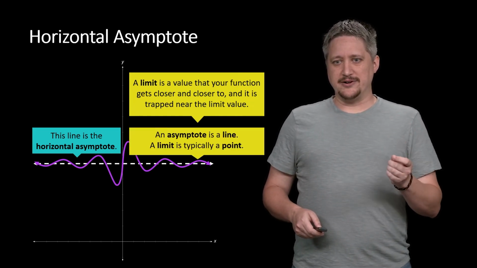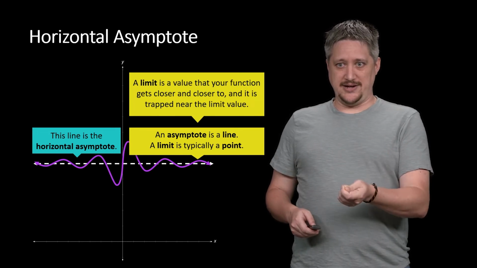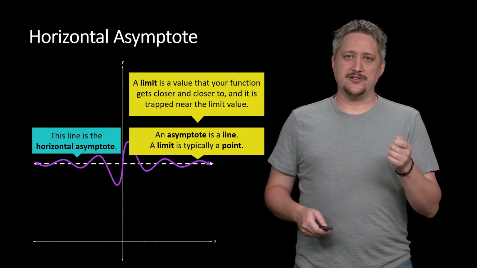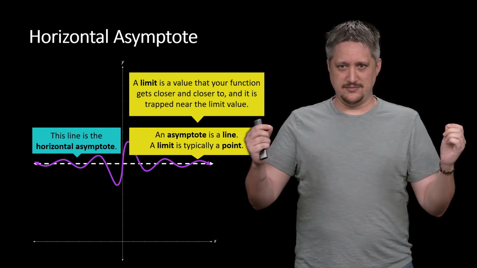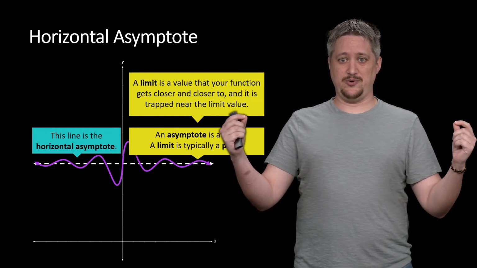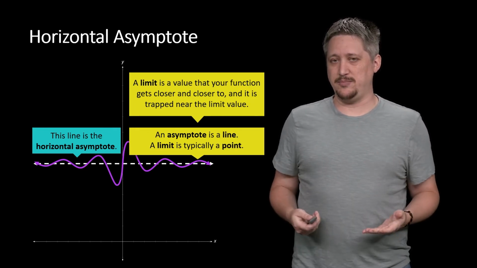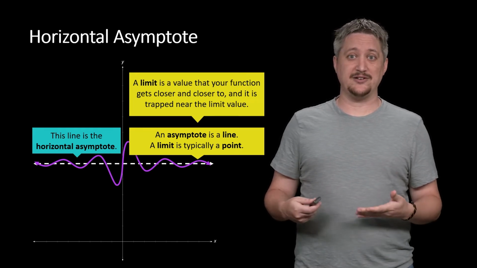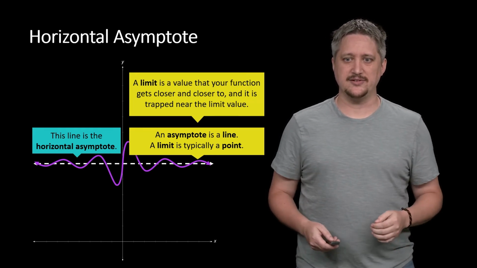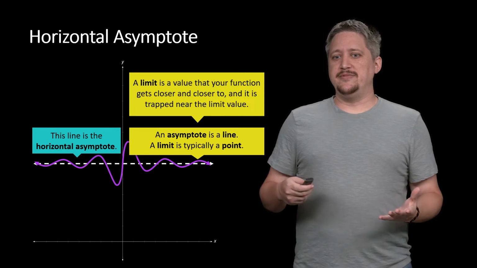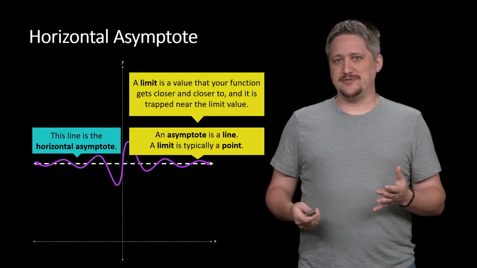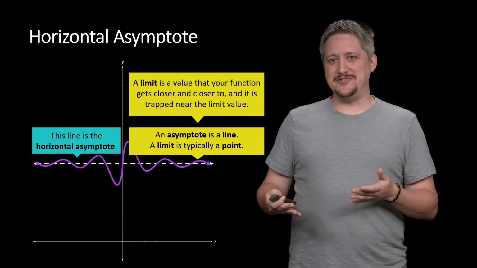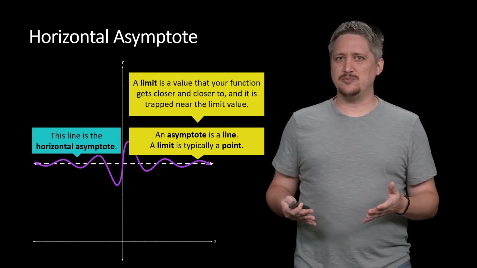Now, the one rub here is that asymptotes are lines. So an asymptote is a collection of points, whereas a limit typically is a point. We usually say the limit's value is 5 or something like this. But that's why we're doing this slightly different variation on a limit, which we talked about before.